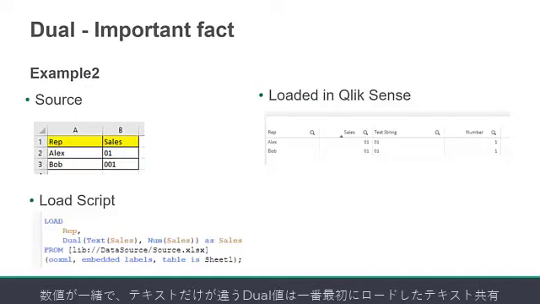So let's load this data and use the dual function. The result is, when loading the data, 01 will come first, right? Loaded first. So QuickSense will think the numeric number 1 comes in from the data source and the text string of the numeric number 1 is 01.